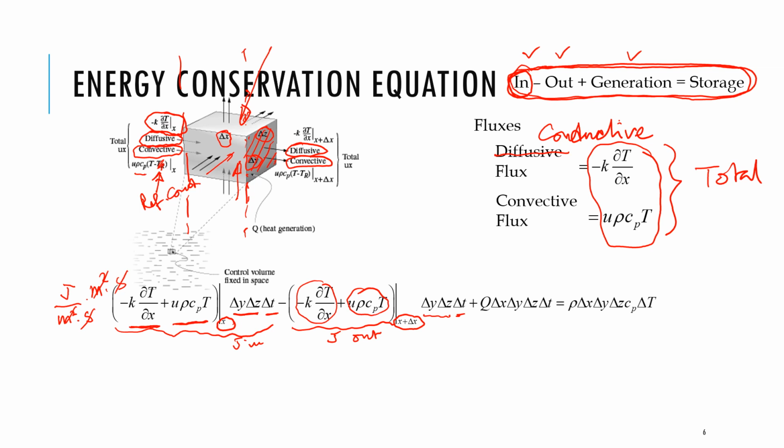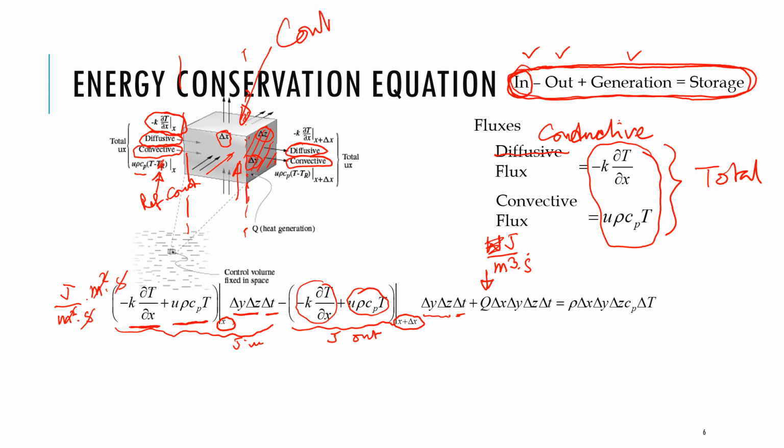Next one is generation. Generation, as I showed you, like in microwave heating, the generation term Q has the unit watts per meter cube. So that is joules per meter cube per second. It needs to be multiplied for this entire control volume.